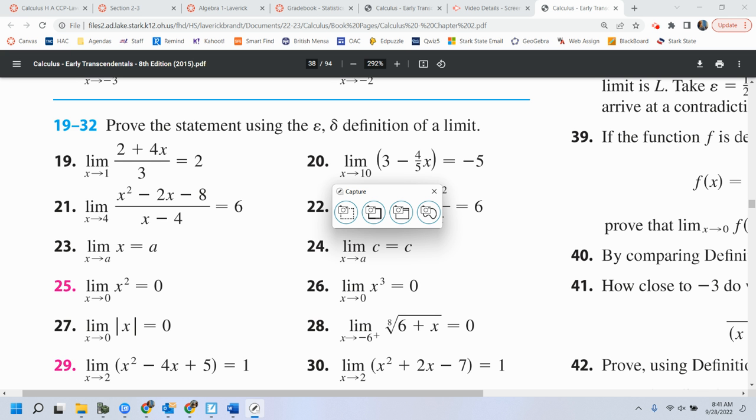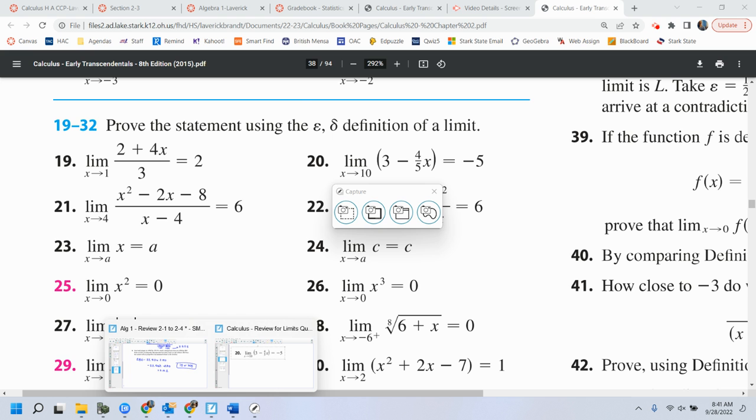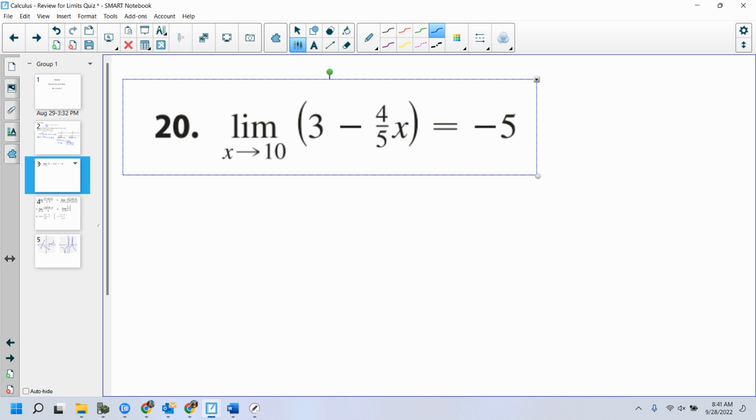But there's something in this that you may not know, and it's a good thing that I'm doing this. So I want to prove that this limit is -5, right? Let's prep this by saying we want the absolute value of x minus 10 to be less than delta.